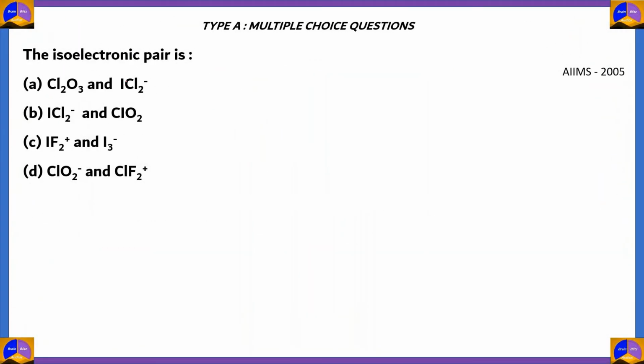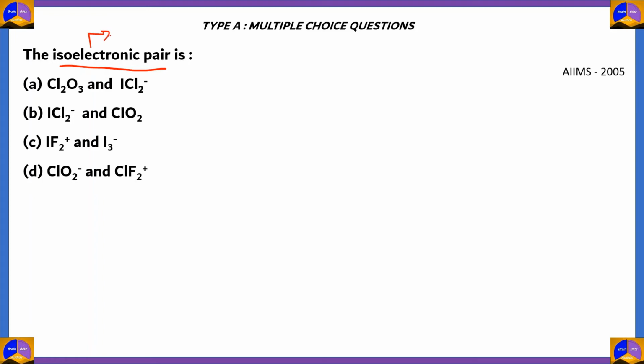Next question. The isoelectronic pair of ions or atoms in the following is... We have 4 pairs given here: Cl2O3 and ICl2 minus, ICl2 minus and ClO2, IF2 plus and I3 minus, and finally ClO2 minus and ClF2 plus.